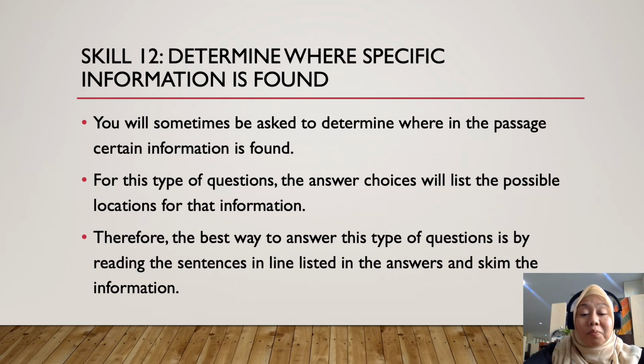So it's probably in line 1 to 2, or in line 2 to 3, in line 5 to 6, things like that. Therefore, the best way to answer this type of question is by reading the sentences in the lines listed in the answers and skimming the information. So you already read the question, and then you go to the lines given in the multiple choices, and you see whether the information given in that line is what you are looking for.